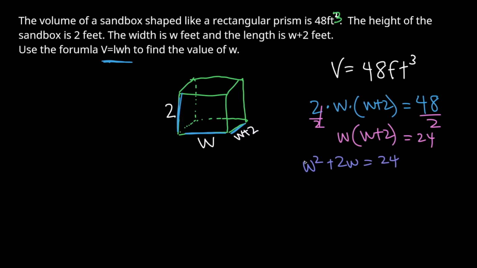Now that we have these W's out, we can subtract the 24 because when we do that, we'll get 0 on this side. So let's go ahead and subtract 24 from both sides. We get W squared plus 2W minus 24 equals 0. So now we're getting something that we can work with.